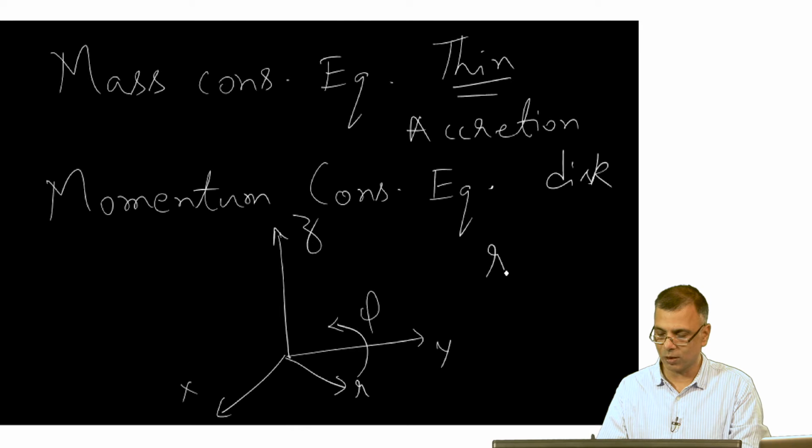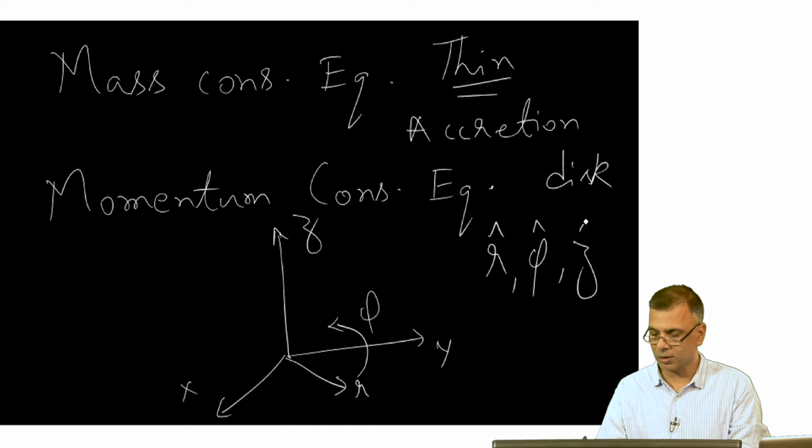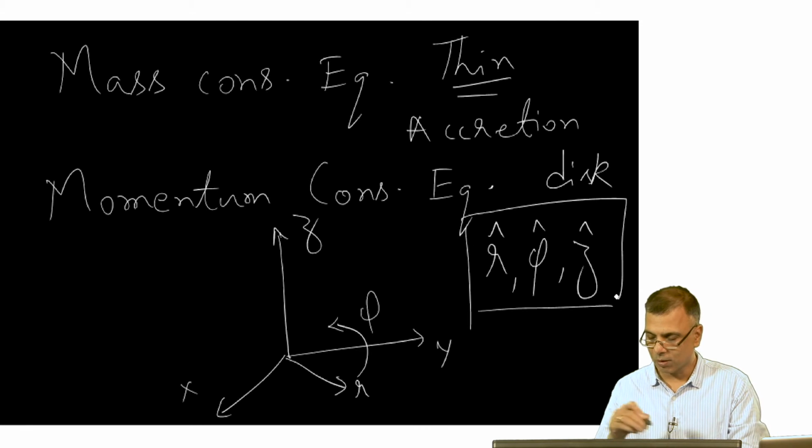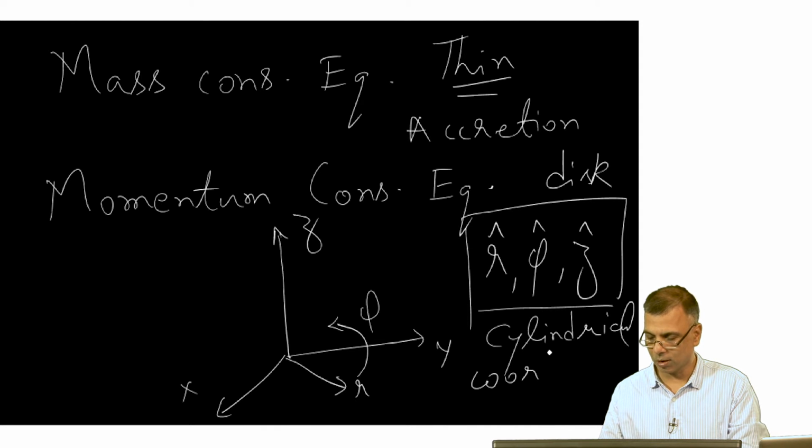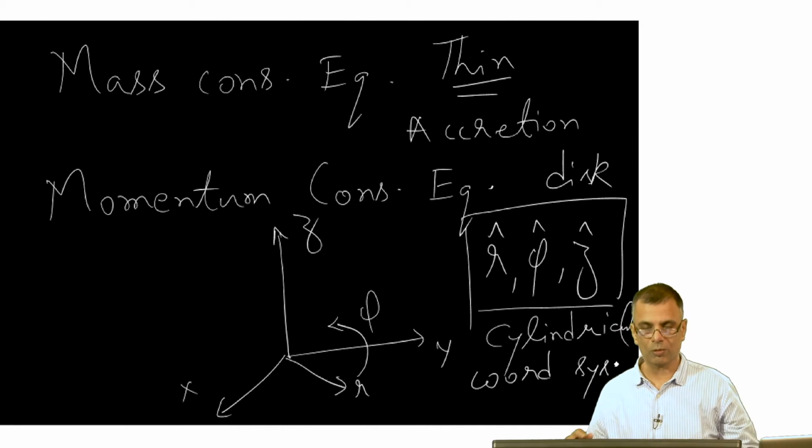So essentially you would have an r hat, phi hat, and z hat. This is the cylindrical coordinate system, the coordinate system in which we are working.